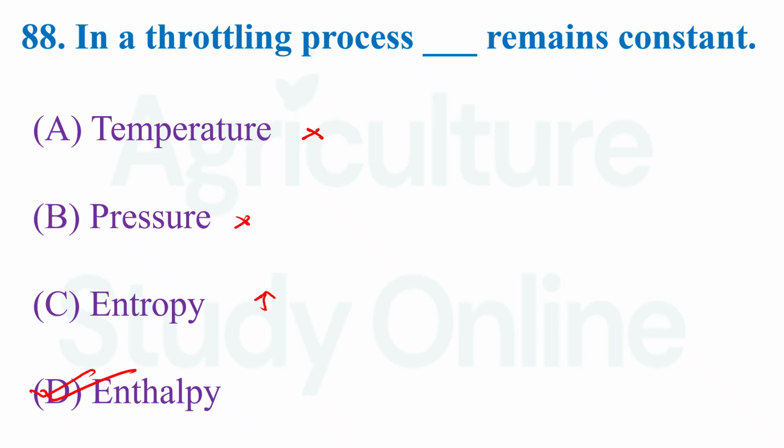That is why in the throttling process, the key property that remains constant is enthalpy, and it is an isenthalpic process. That means H1 is equal to H2.